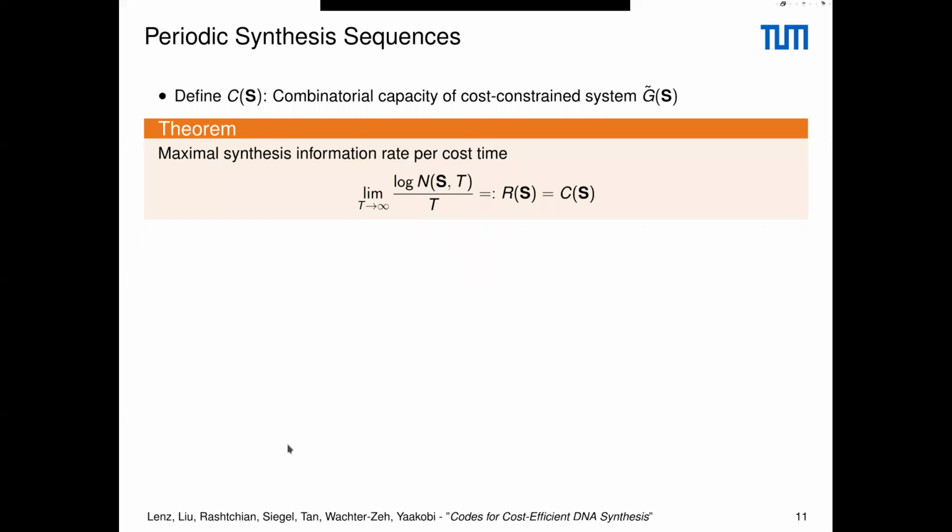And this is very powerful because we can use all the machinery that we know about cost constraint systems for our synthesis problem. All right, then one theorem directly follows.